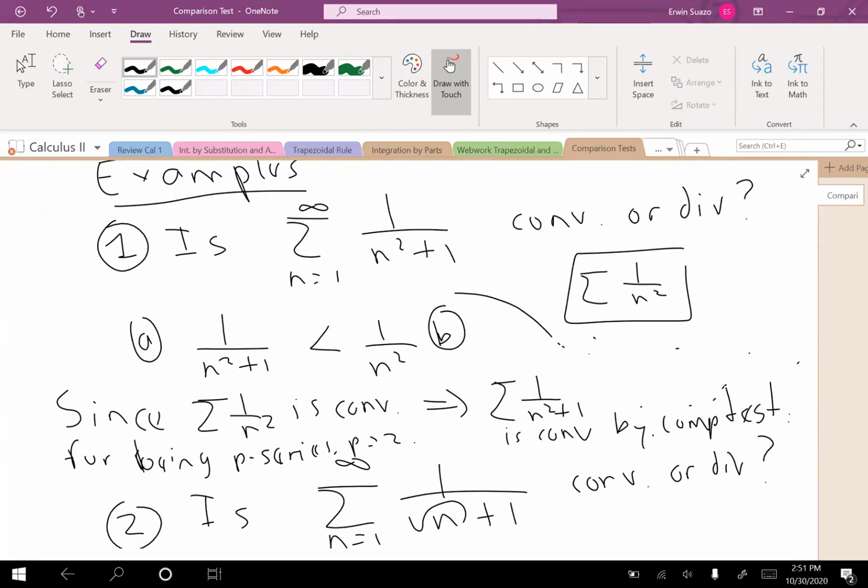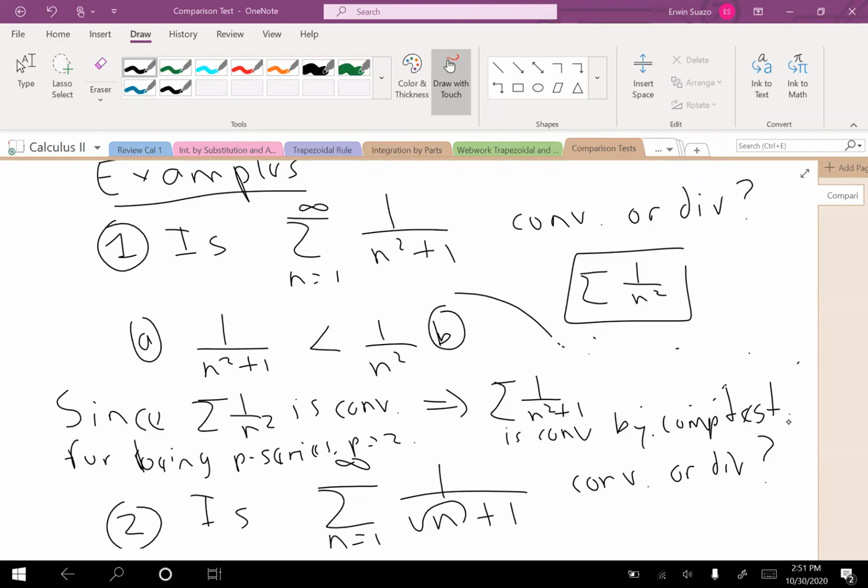Now, somebody did it in another way. Somebody tried to use the limit theorem, the limit comparison test. Nobody? Well, let's try it. But you know, it's similar. Of course, this is easier.